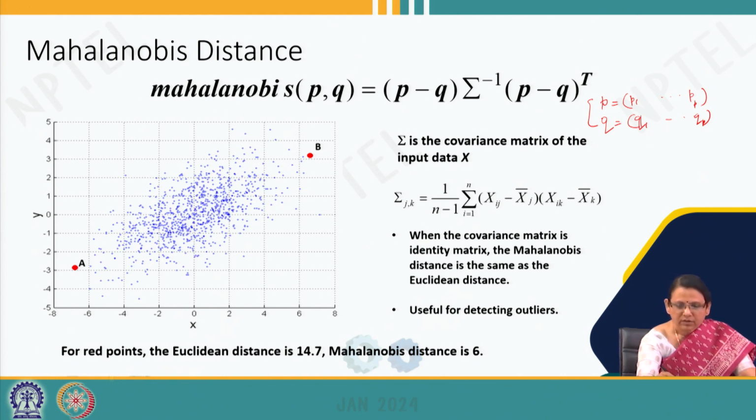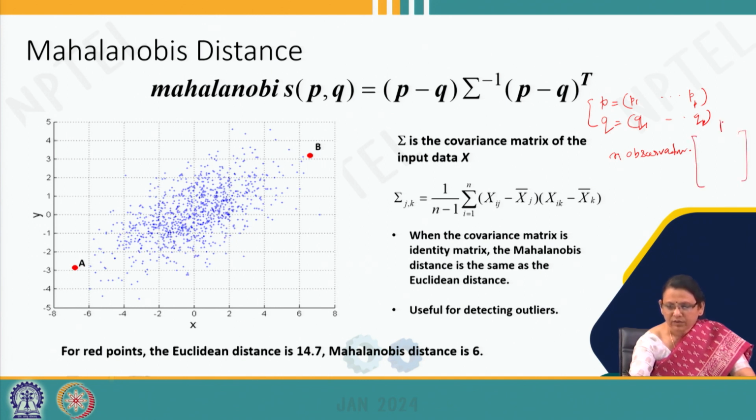Now, how do you get that distribution? If you remember, we had the data matrix in which we had n number of observations. Each of these n observations had, let us say, p dimensions, so p elements.